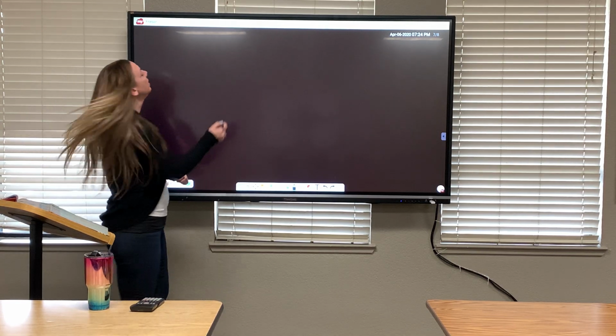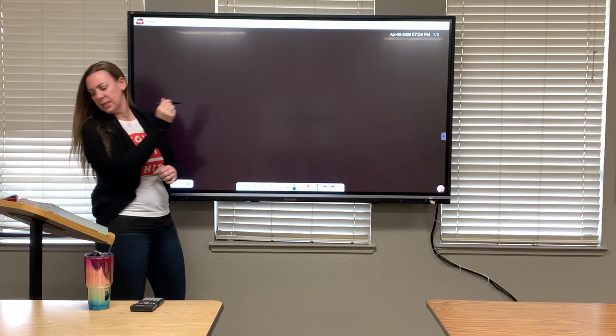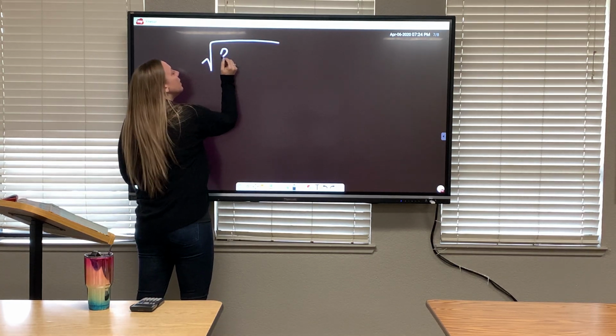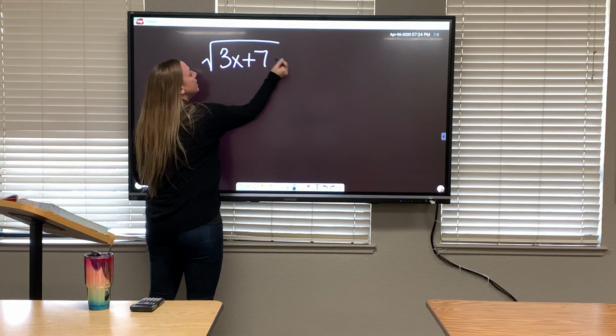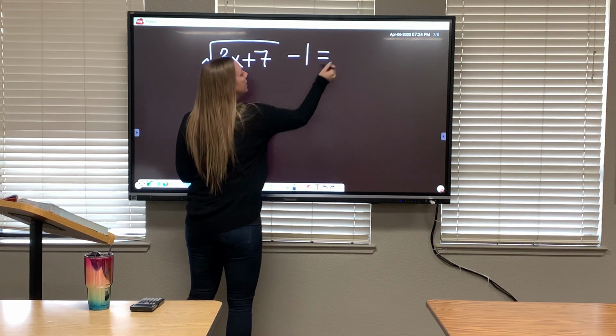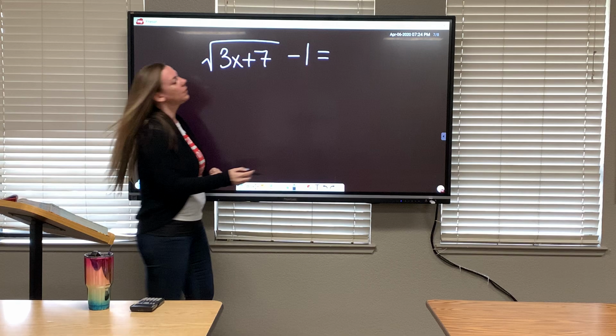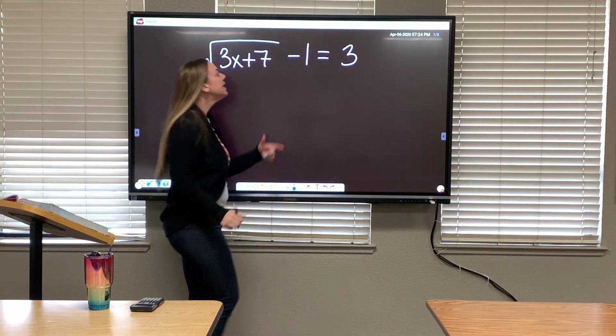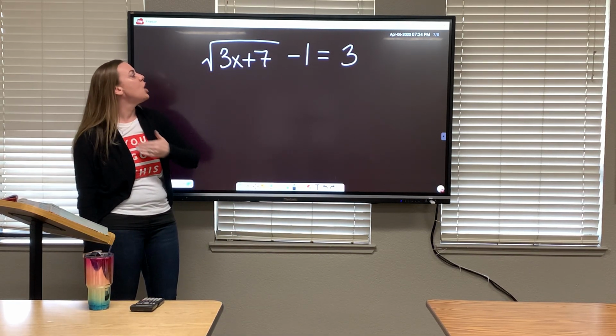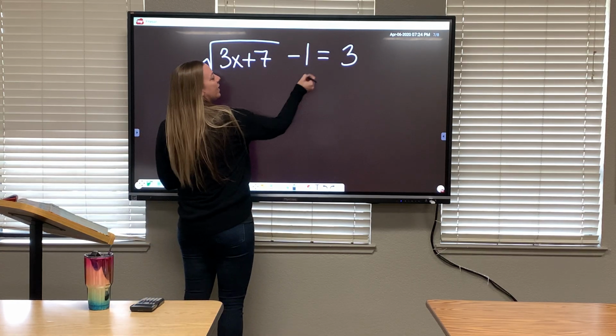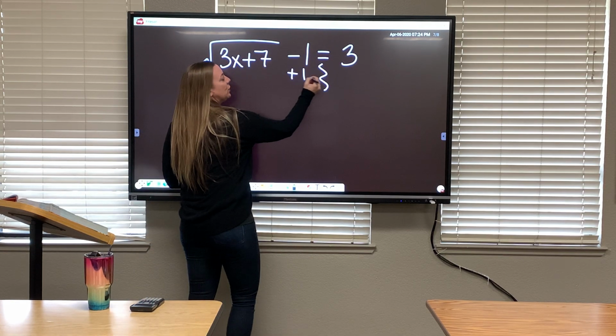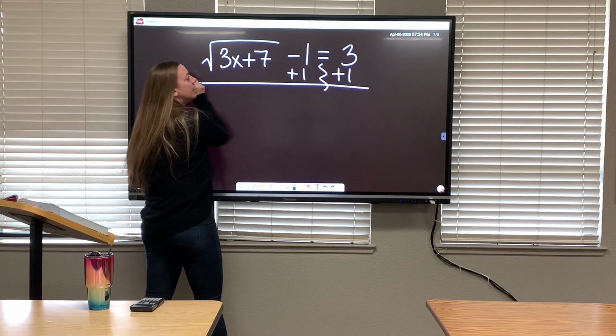Let's say I have the square root of 3x plus 7, and then it's minus 1 equals 3. Is the radical symbol by itself? No. So I need to go ahead and get rid of this minus 1, which means that I do the opposite, add 1.